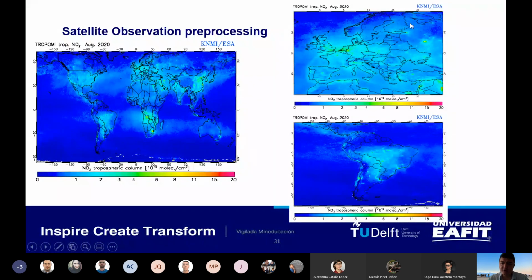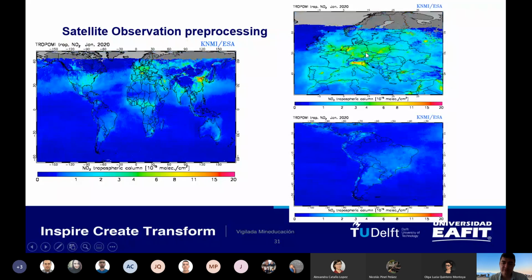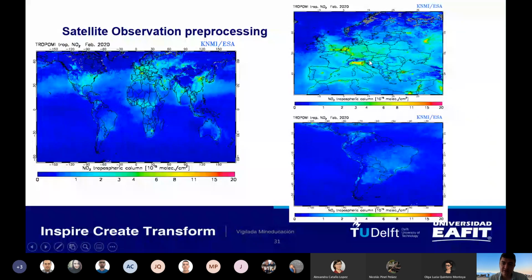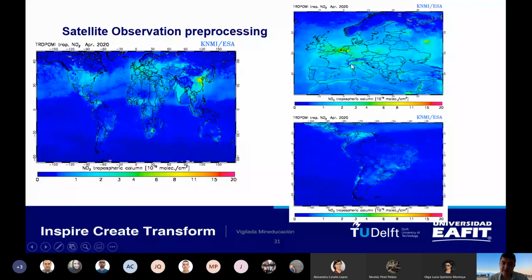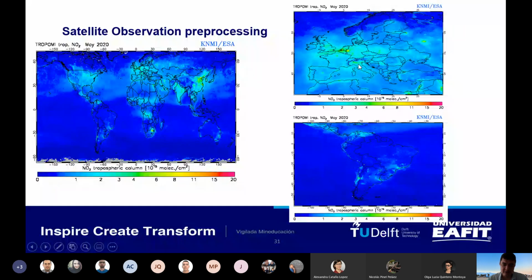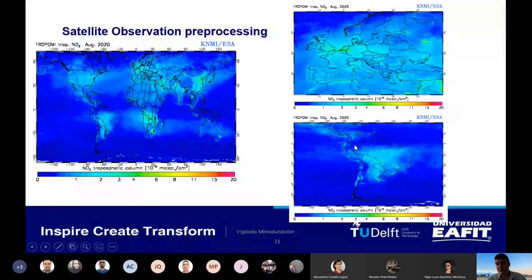For example, in Europe, you can see how the valley of the Po River, the agricultural area of Italy, reduced the pollution of NO2, and also in Colombia in the last months it could be viewable.